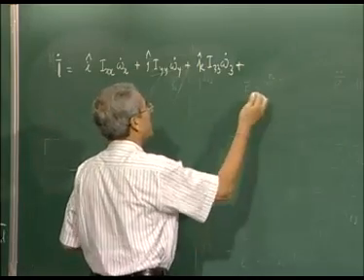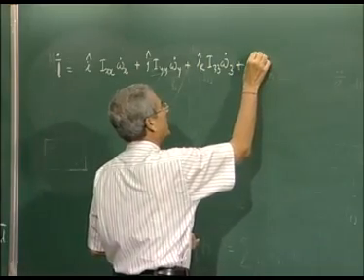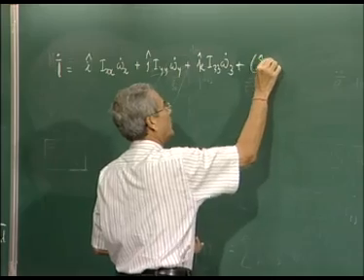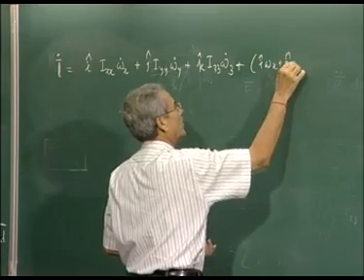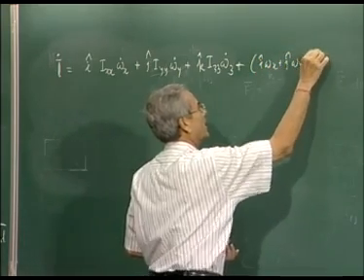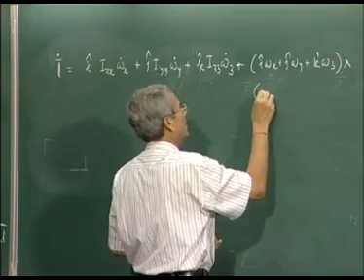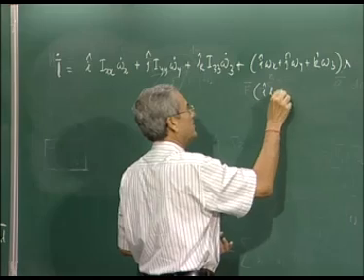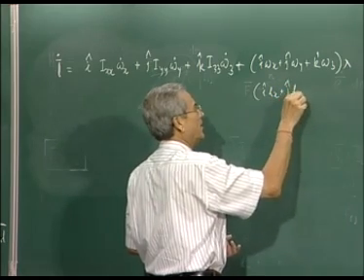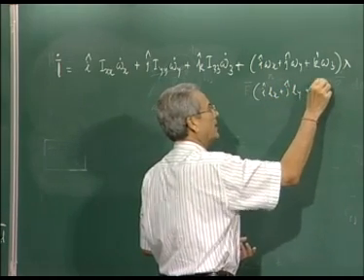Now omega cross L will be what? We can write it like this: i hat omega x plus j hat omega y plus k hat omega z, cross i hat Lx plus j hat Ly plus k hat Lz.